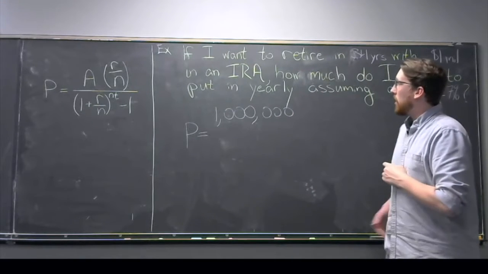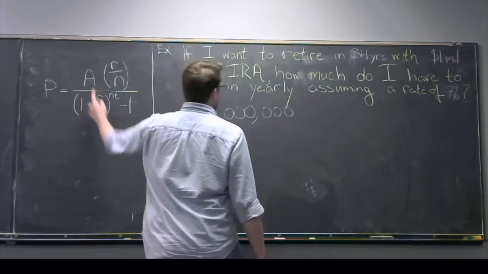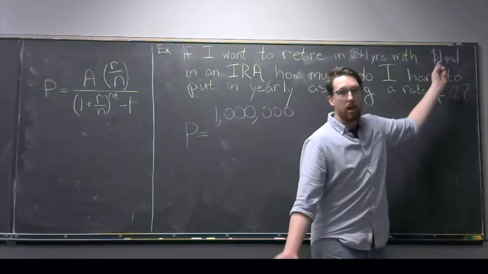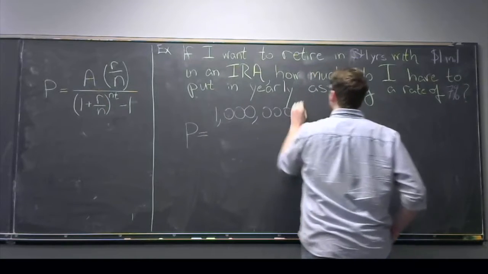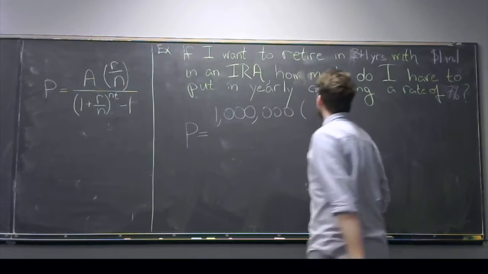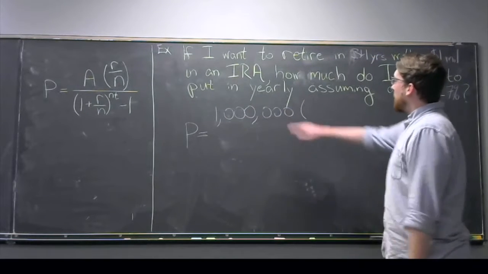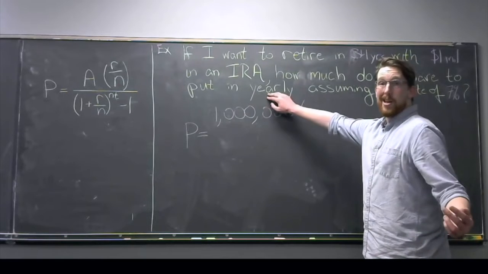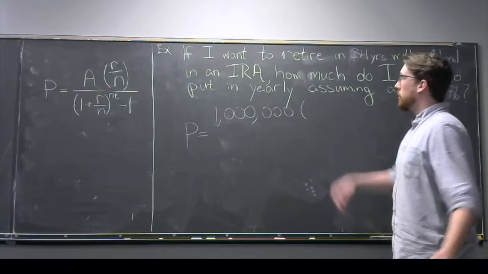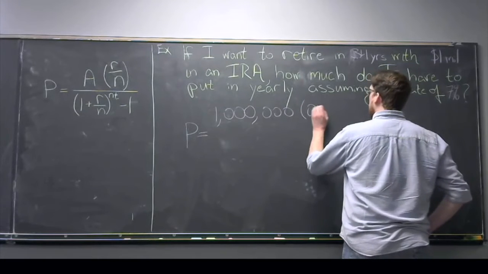So, to start off with, I need to place my amount, $1 million, times the rate divided by the number of periods. Well, I want the payment to be yearly, so N here is still 1, and the rate is 7%, so that's 0.07.